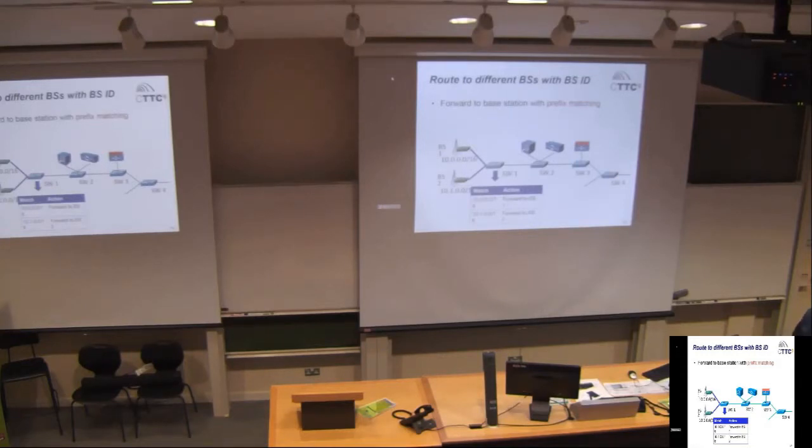So it's as easy as putting a match on the prefix announced by each one of the base stations. If the prefix matches base station 1, we forward to base station 1. If the prefix matches base station 2, we go to base station 2. Remember that these matches and actions are programmed by the SDN controller that SoftCell proposes.